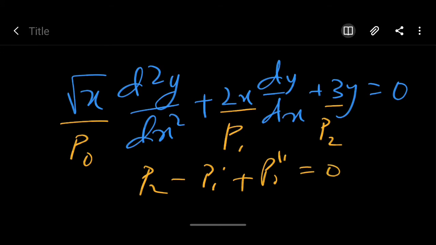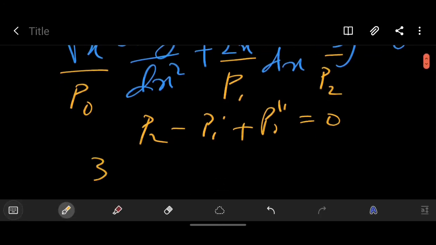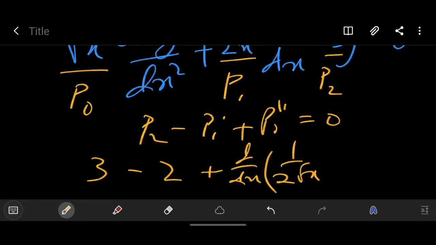If we put the values, p2 is 3, minus p1's first derivative, which is 2, and then p0, if we differentiate twice. p0 is root of x, so the first derivative would be 1 by 2 root x.